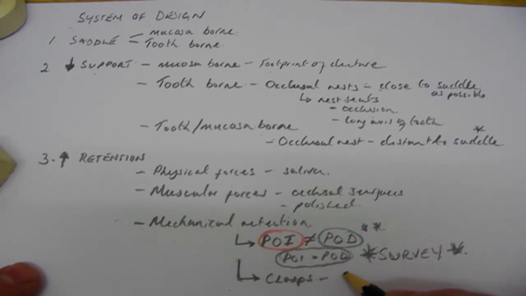So if we have a tooth like so, and we survey the tooth, we find the bulbous part here, which is the survey line. The area underneath that survey line is undercut relative to the path of displacement, here and here, and we can put a clasp arm in that area and gain some mechanical retention relative to that direction.